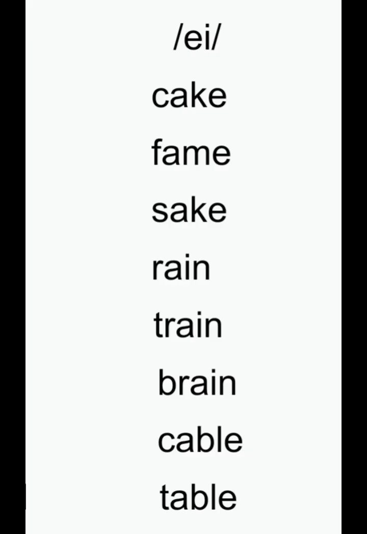Then for this A sound, we have cake, fame, sake, rain, train, brain, cable, table, and so on. So while teaching your child, you tell your child to know the difference between the words with the short A and the words with the long A, having known the reason behind that.